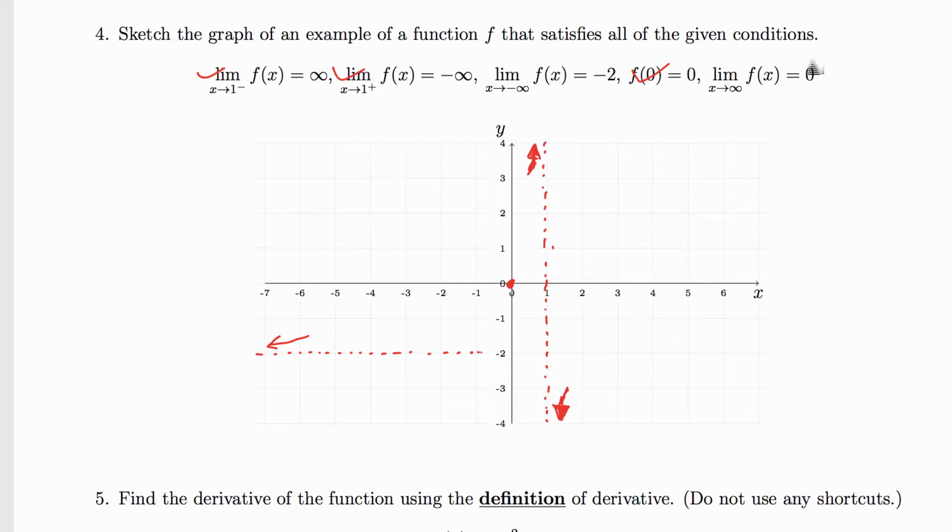The limit of the function is 0 when x goes to infinity. So when x goes to infinity, the function goes to 0. So 0 means it can come from the top or from the bottom. Same thing here, but we have this already here, so we just connect and go to 0. So this is good.